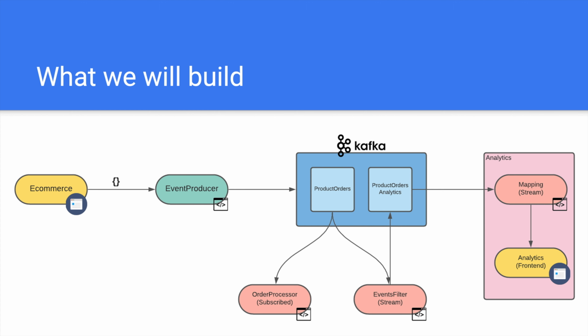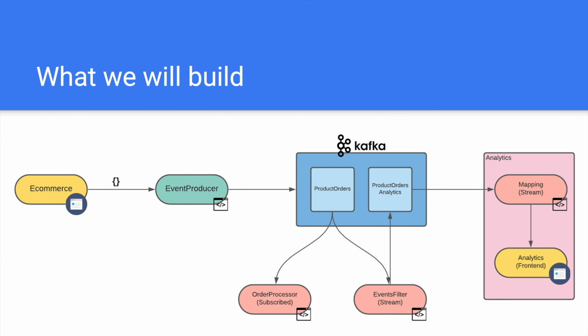2 of our consumers will be streaming the topics in the Kafka cluster, one of which will be streaming events from product orders. Maybe we'll just filter out something from the event stream, like if the current quantity is 0, and direct the stream to another topic called product orders analytics.